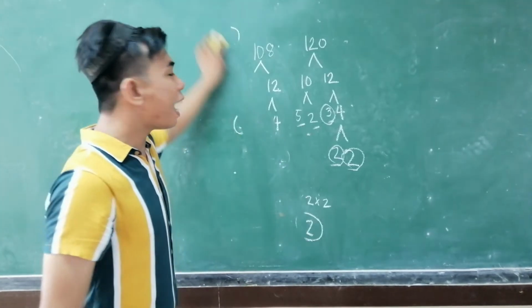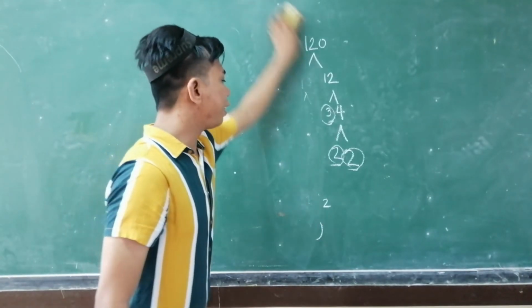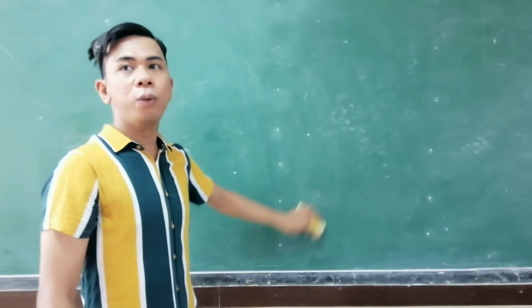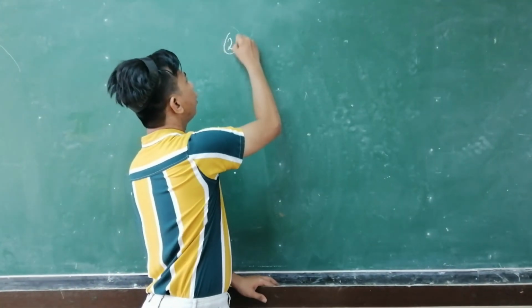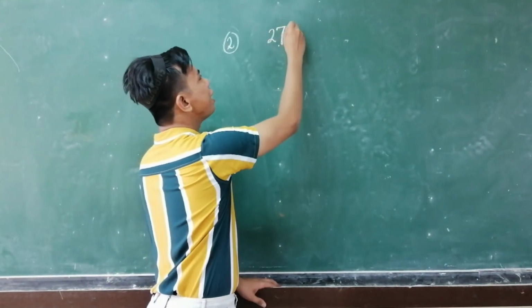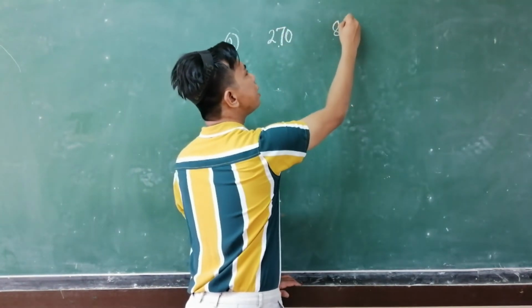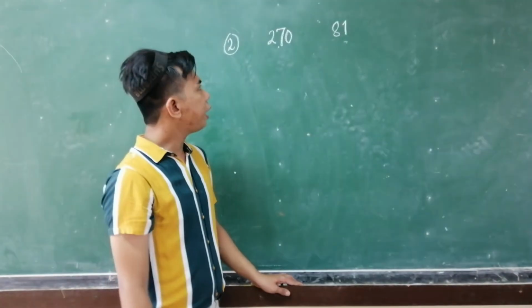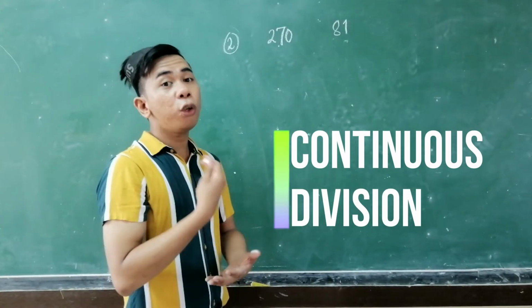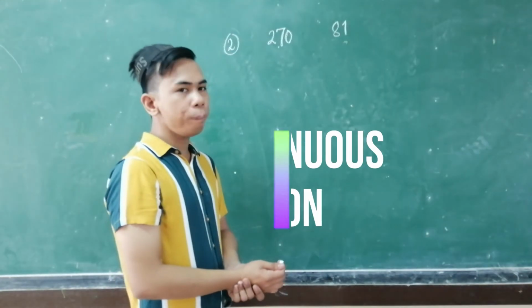Okay, so let's have the second item, or the second pair. So we have 270 and 81. Okay, so we will be using the continuous division in this pair.